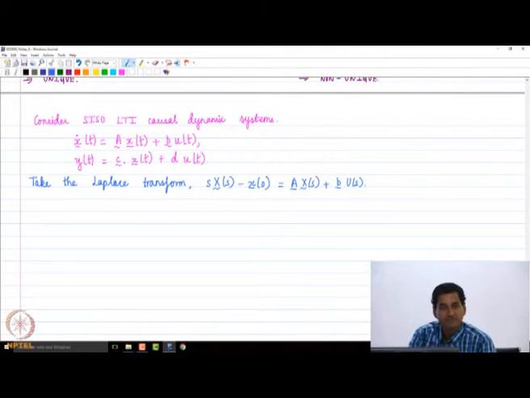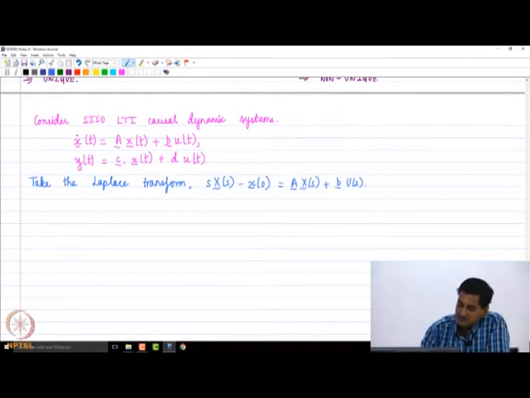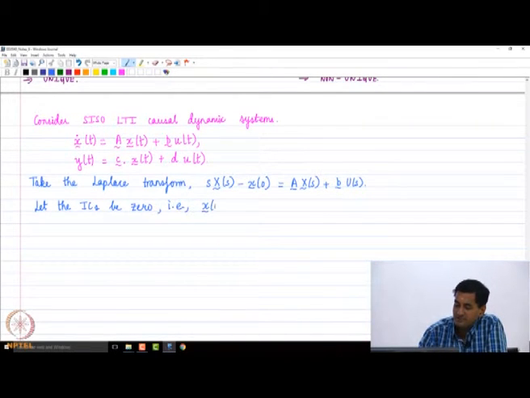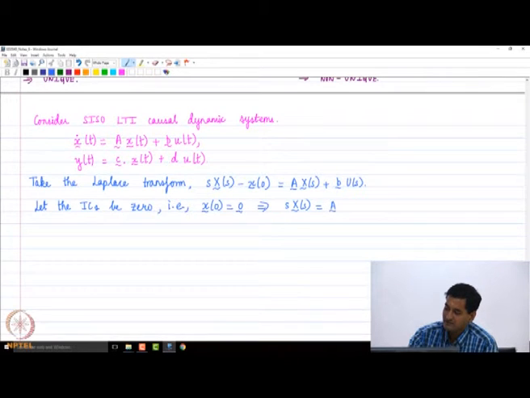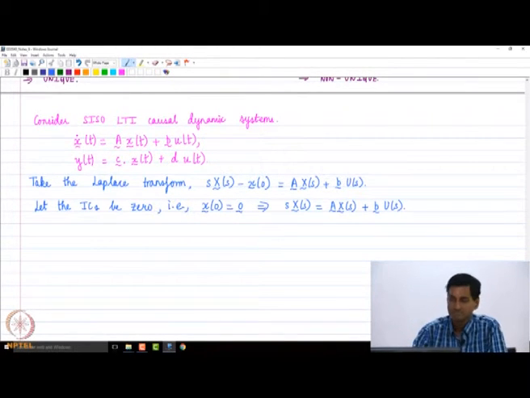Let the initial conditions be 0, that is, we take x0 equal to 0. What does this imply? S times X of s is equal to A times X of s plus B U of s.